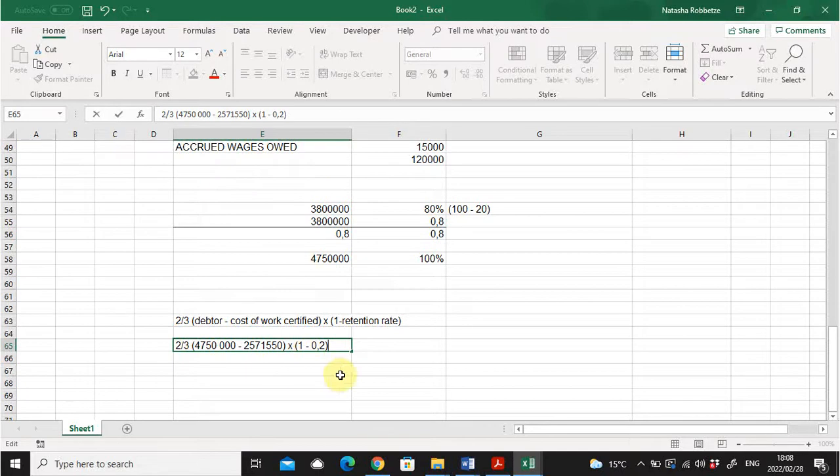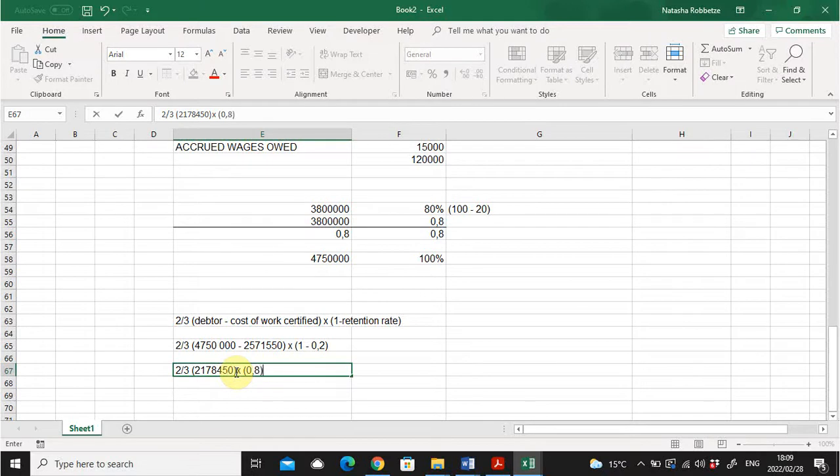All right, so now we're going to solve this by saying it's 2 out of 3 times the difference between those two amounts, the debtor amount and the amount as it relates to the work certified. So I'm just typing this into my calculator. That gives me 2,178,450. And if I say times 1 minus the retention rate, it's 0.8.